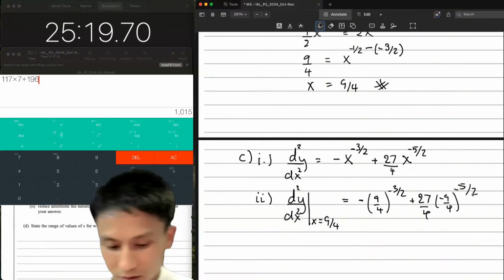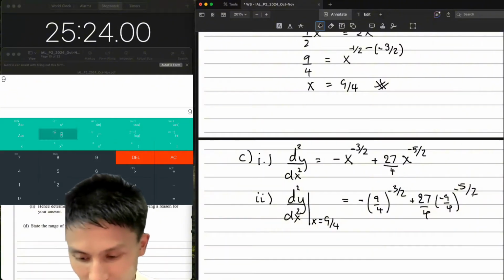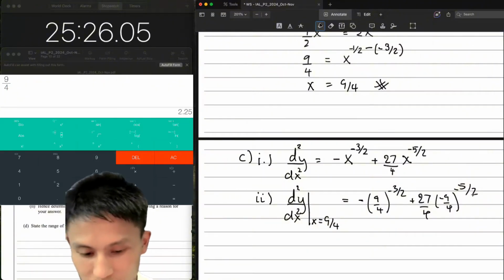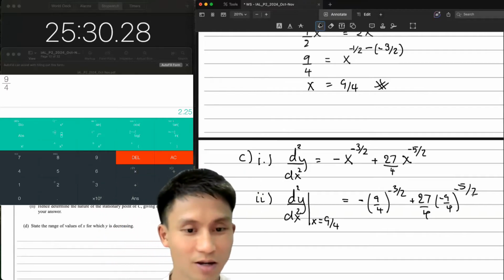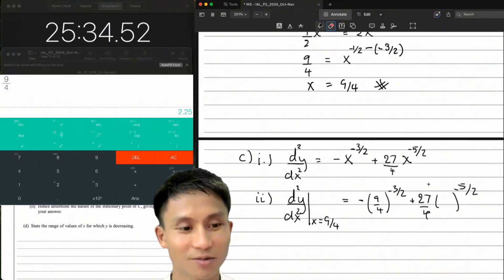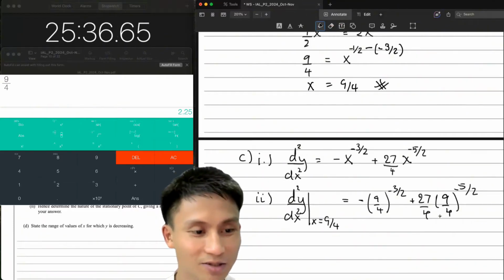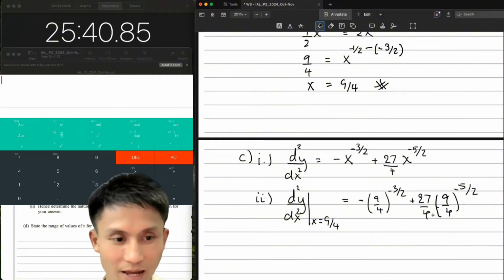So I'm just going to do this, guys. I'm going to do 9 over 4 and then equals to store my answer. No, hang on. This is not 9 over 4, somehow I added a minus. That's not good. So 9 over 4 and then stored, and then clear that.